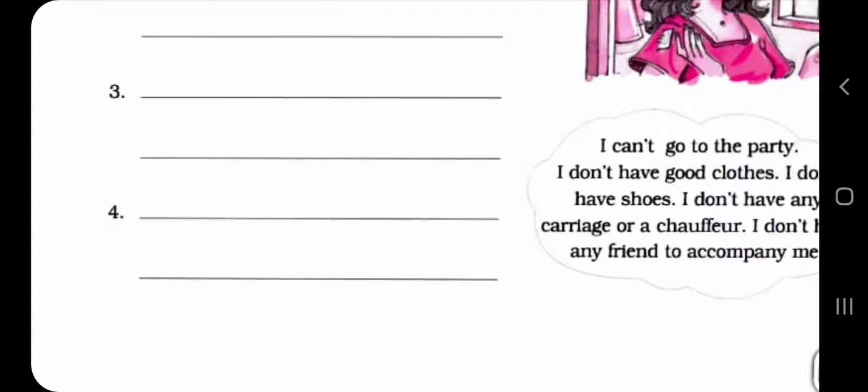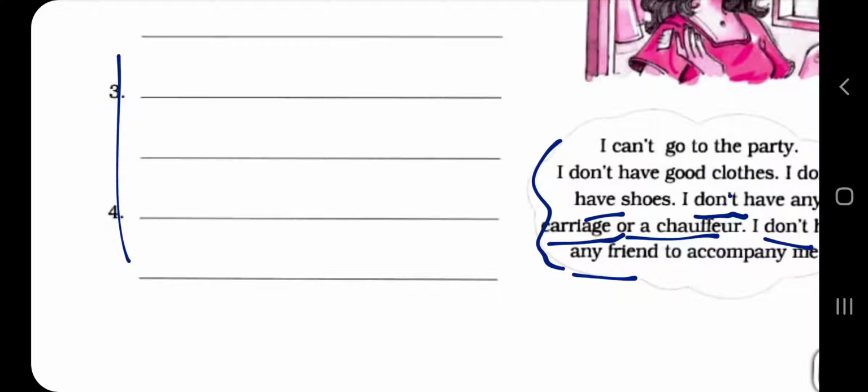She did not have good clothes. She did not have good shoes. She did not have any carriage or a chauffeur. She did not have any friend to accompany her. So you take the help from this box and complete the sentence.